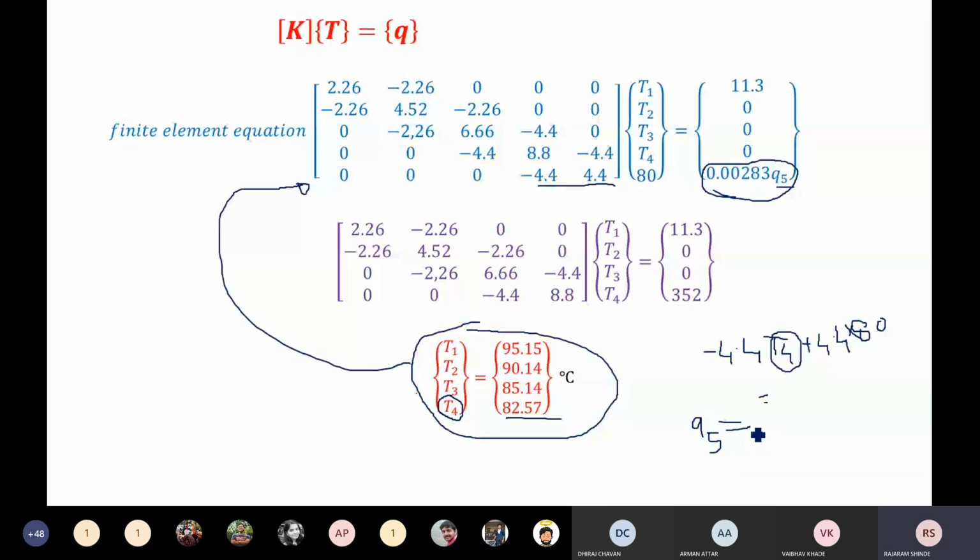Have you got how to calculate it? Minus 3,995.75. Okay. Now you compare this with your result given.